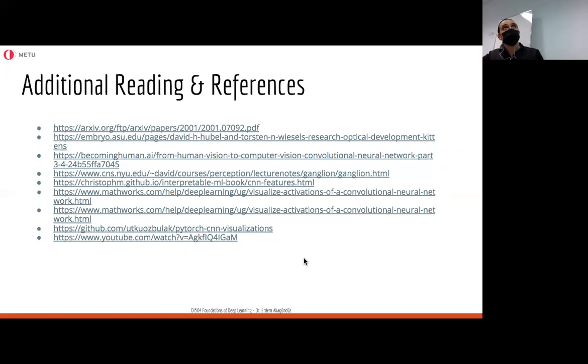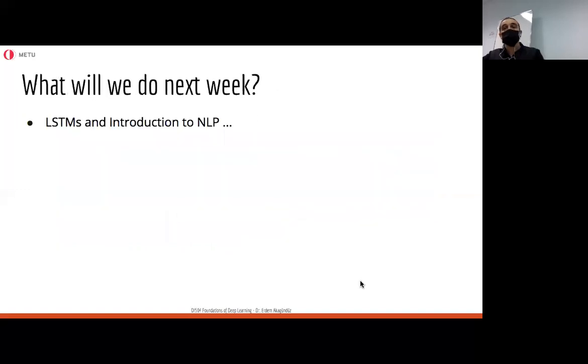There are very nice blogs that talk about introductory level recurrent neural networks. Because next week, we are going to talk about LSTMs, which is the fundamental recurrent architecture you can use in your projects, okay?